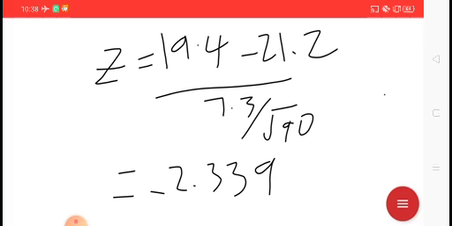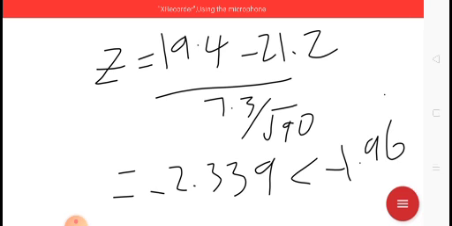Okay, and this question is talking about a 5% significance level for two tail tests, so it's 2.5 each side. If you look into the table, you should get Z equal to negative, from the table you get 1.96, so this is negative, you will compare to the negative part, right? So this is smaller than negative 1.96.